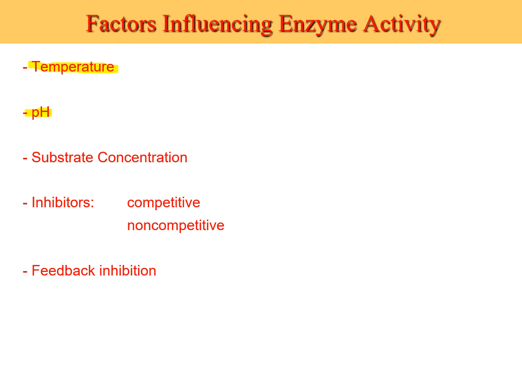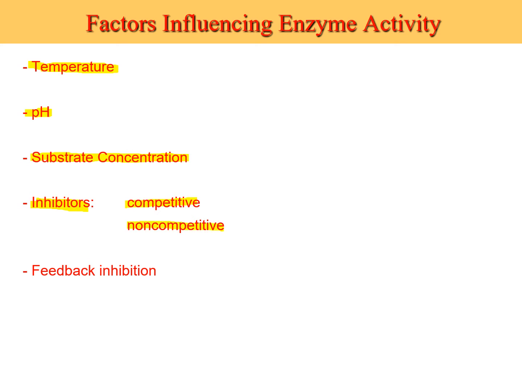So activity can be altered by the ambient temperature and the ambient pH, but also availability of substrate will change enzyme activity. If the substrate concentration is too low, then the enzyme's obviously not going to be active because it has nothing to work on. There are inhibitors that can change enzyme activity, reduce it. Some are competitive and some are non-competitive, and I'll explain that in the next few slides.